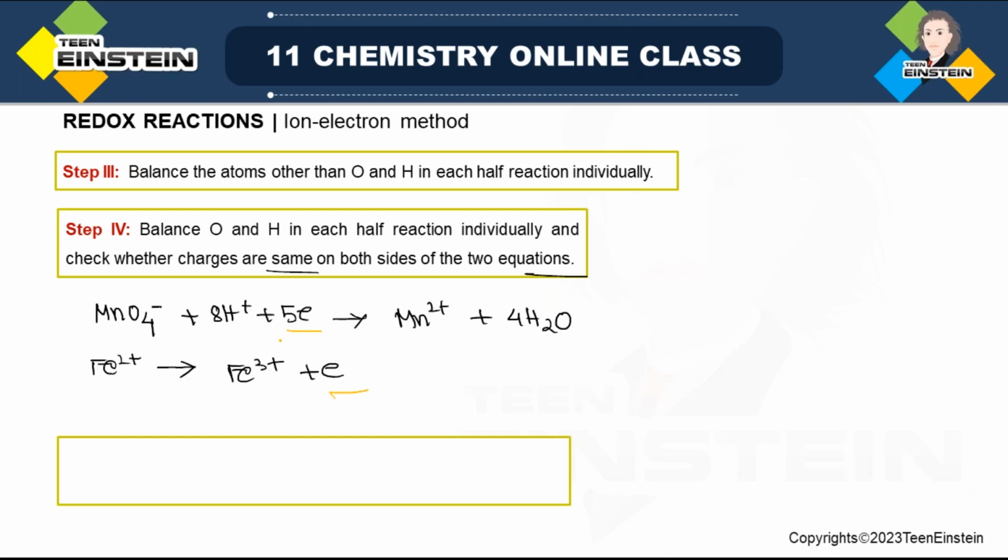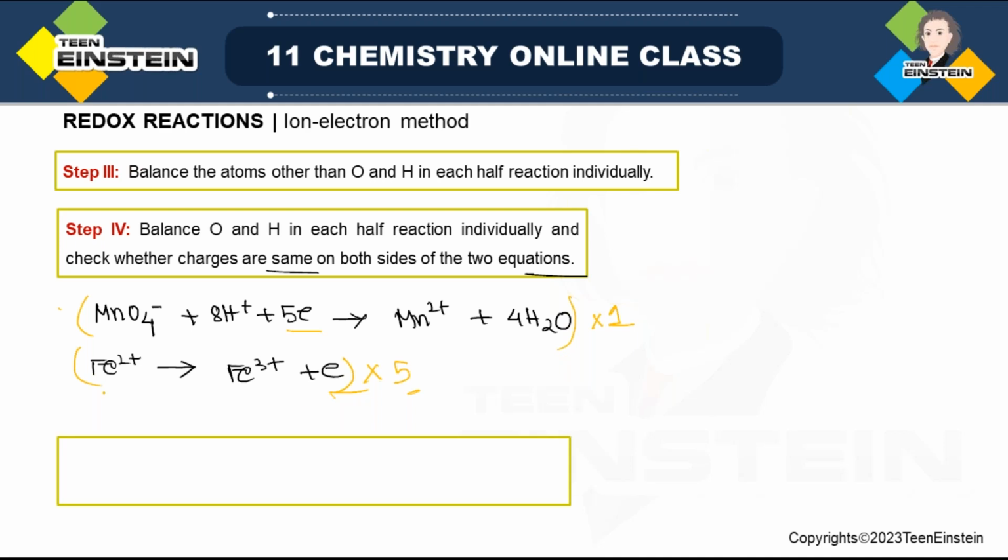So here 5 electrons, here only 1 electron. So this second equation, I will multiply with 5. First equation, it is as if you are multiplying it with 1. In this case, you are not multiplying anything, but in some cases, you may be multiplying here 5, and another reaction some other number, 3, 2, 4 like this.